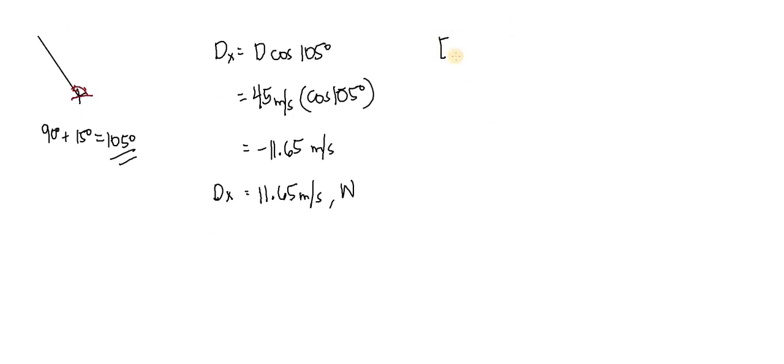So let's have the d sub y. For our d sub y, we'll be using the d sine of 105 degrees equal to 45 meter per second sine of 105 degrees. So that will give you 45 sine of, try nyo rin sa calculator.